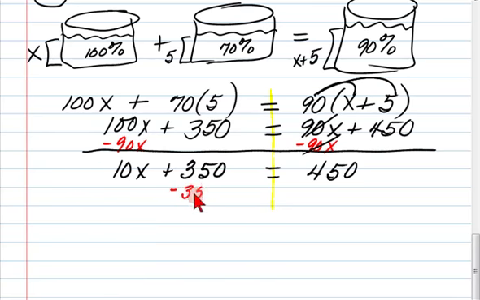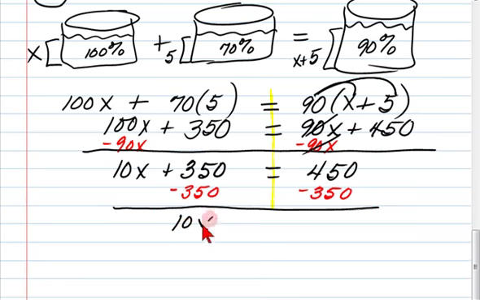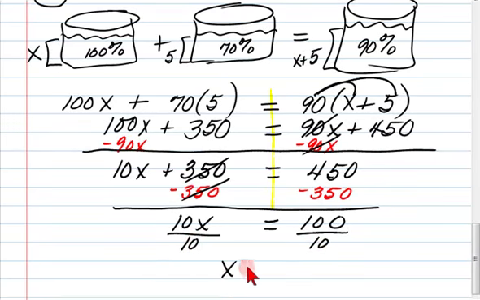Subtract 350. You may actually be ahead of me. So I'm going to subtract 350 from both sides. It's the constant. That gives me 10x, those 350s have canceled, is equal to 100. Now my final step is divide by the coefficient, which is 10. That gives me x is 10.